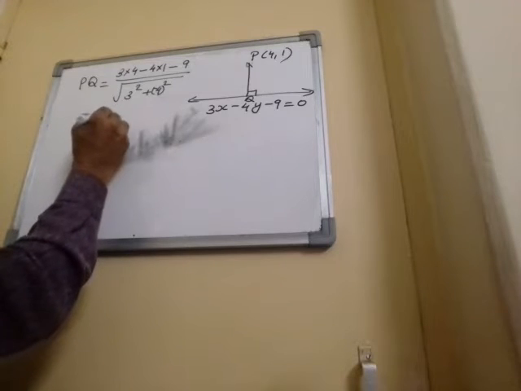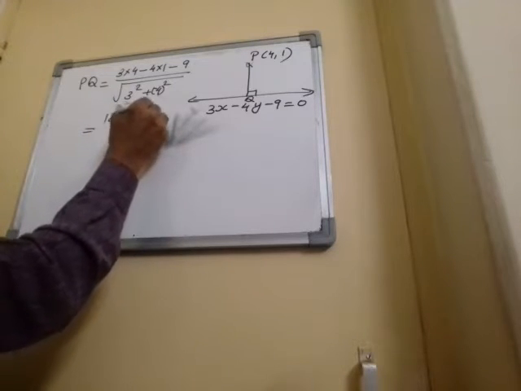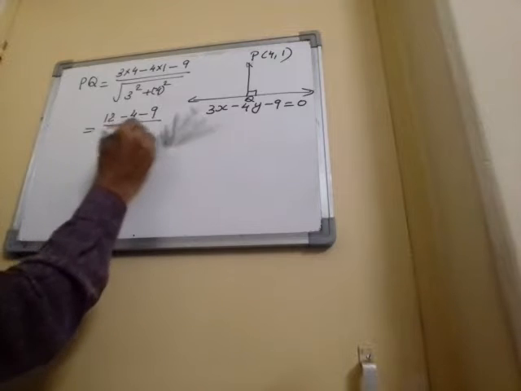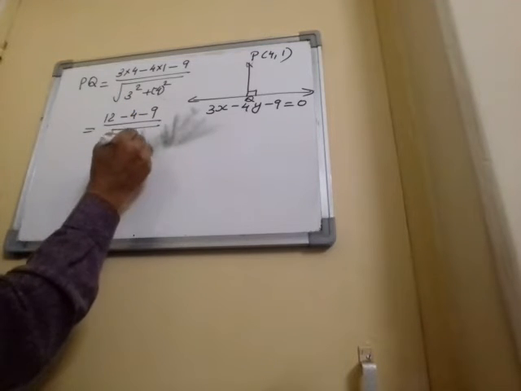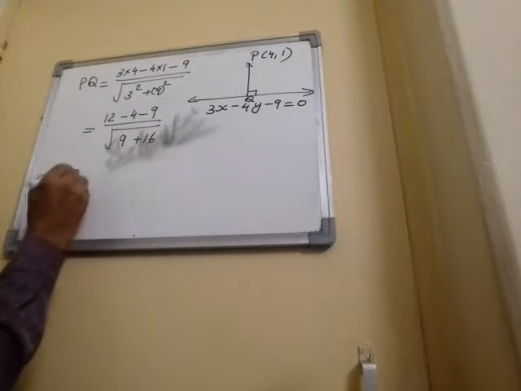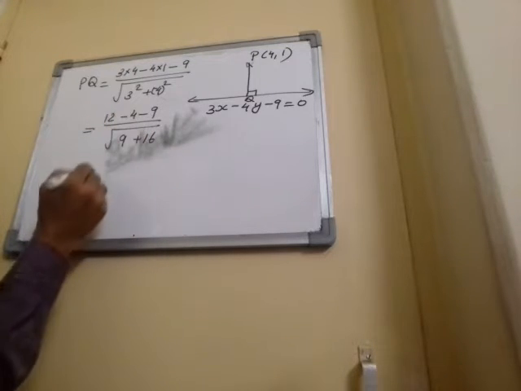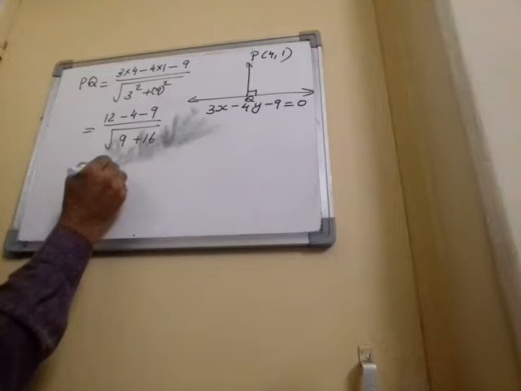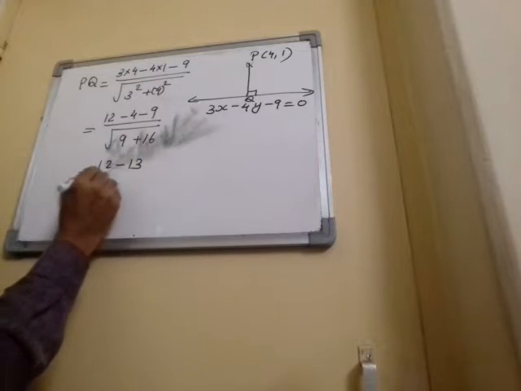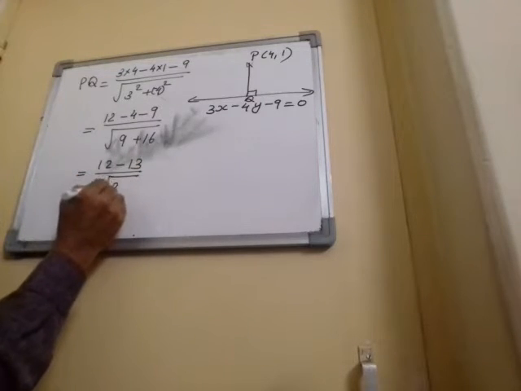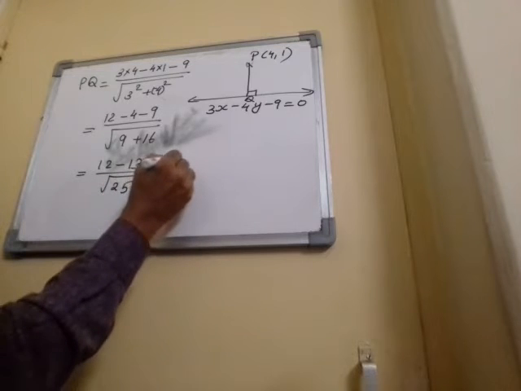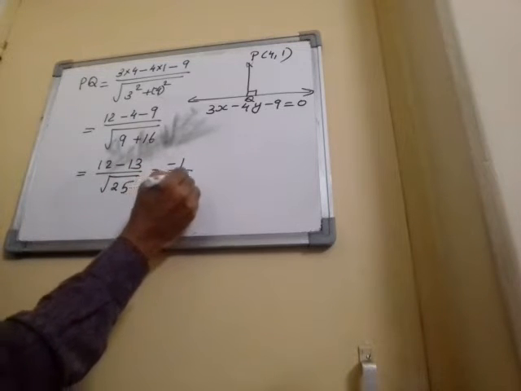Same, 12 minus 4 minus 9 by root of 3 square is 9 plus 4 square is 16. So 12 minus 13 by root 25. So minus 1 by root 5.